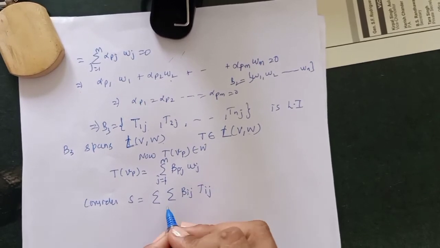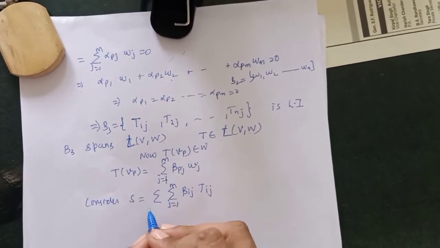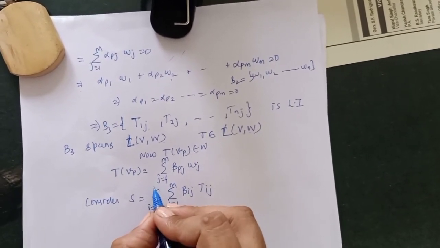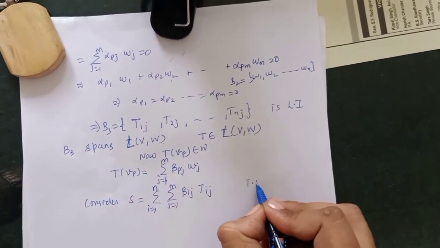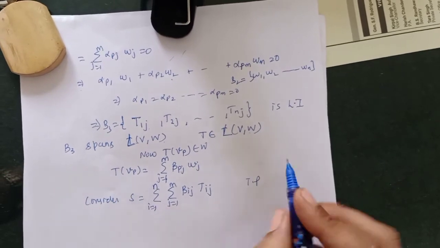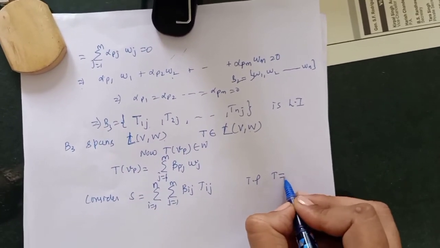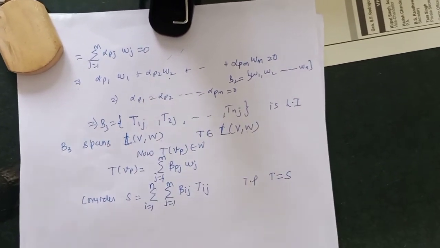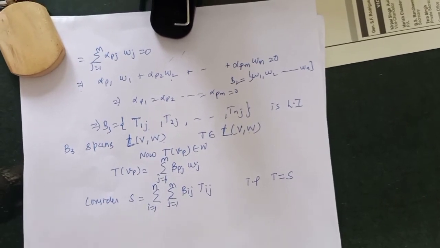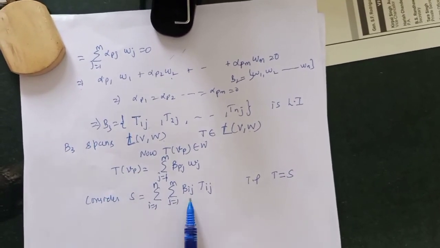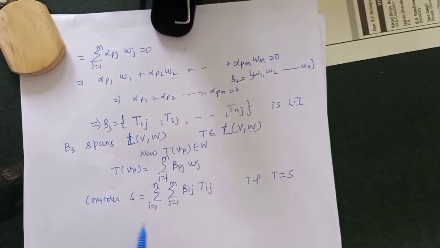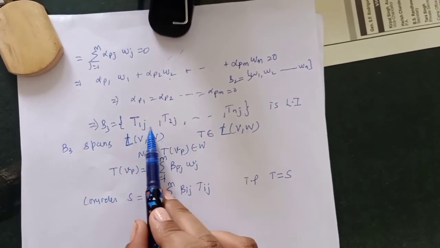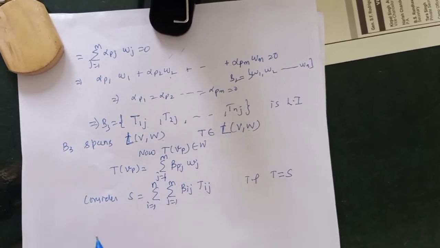So what I will prove is that this T is actually equal to S, which would prove that T is in the linear span of B3. S is the set of all the possible linear combinations of these elements.